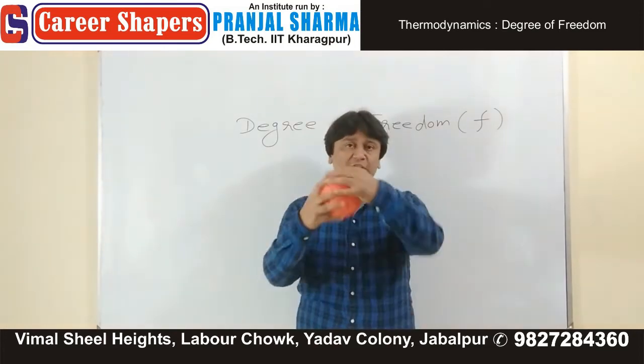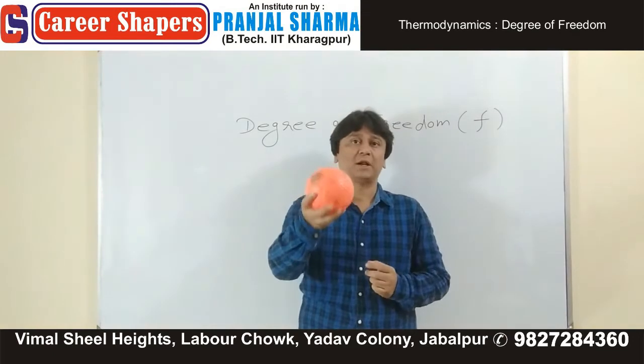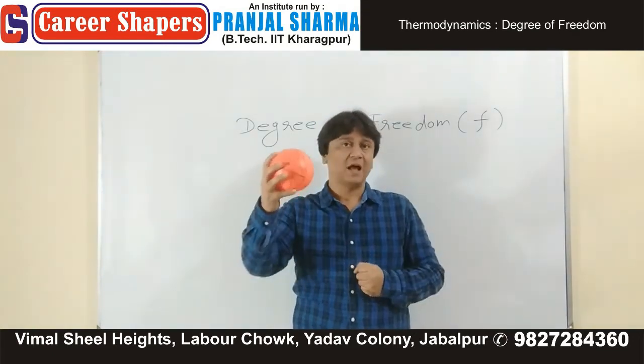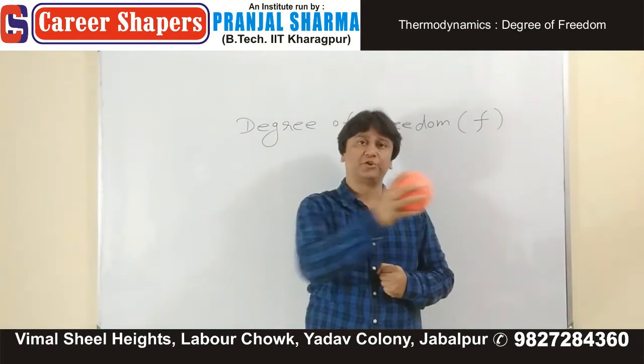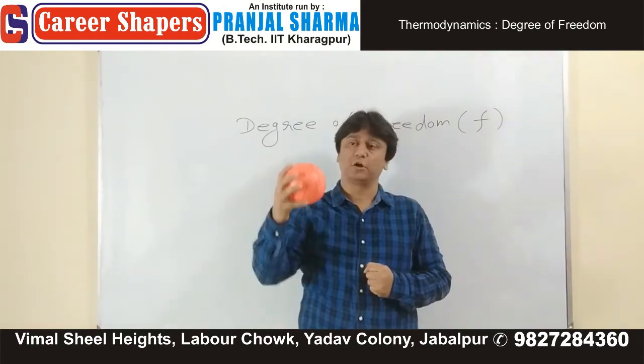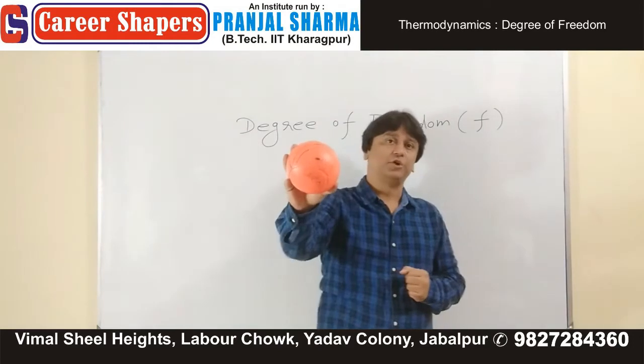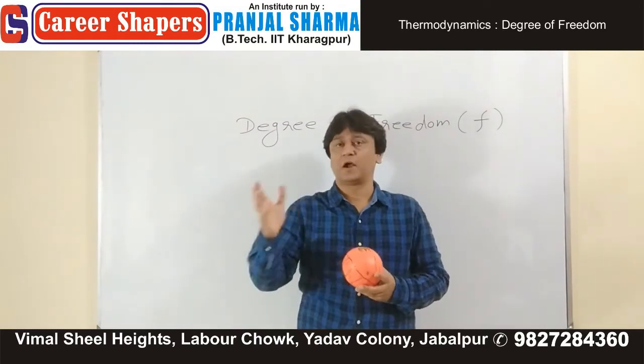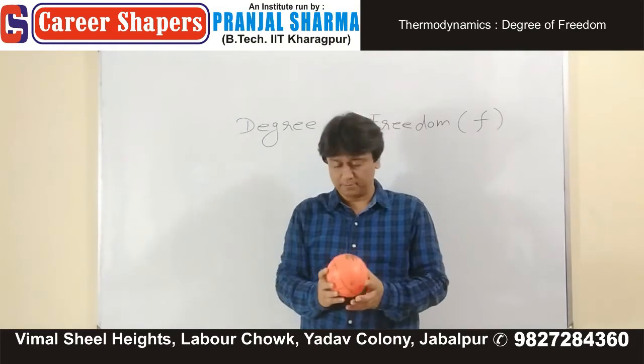Right now, if you have a single molecule, you're talking about kinetic energy only. So this thing has kinetic energy along the x-axis, kinetic energy along the y-axis, kinetic energy along the z-axis. And therefore we say there are 3 degrees of freedom.